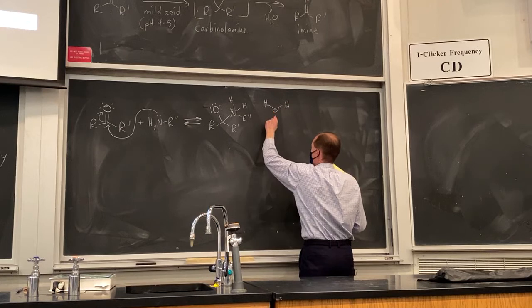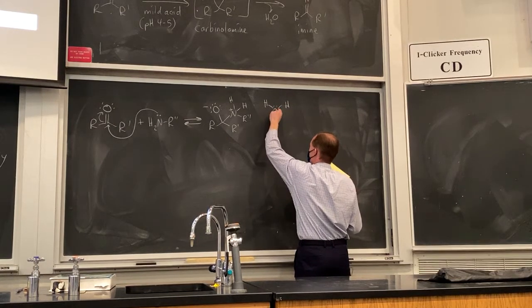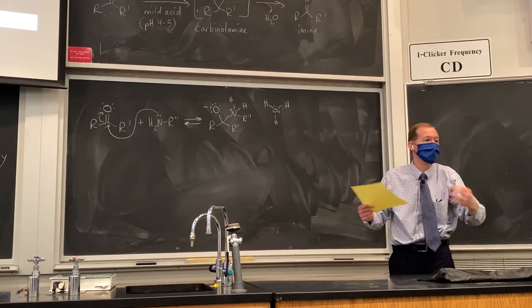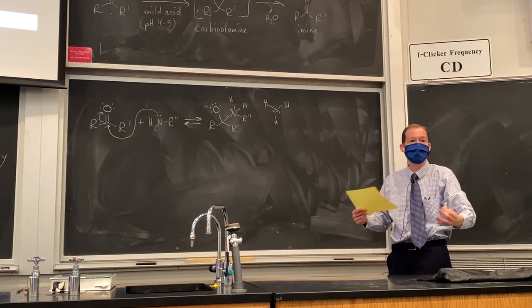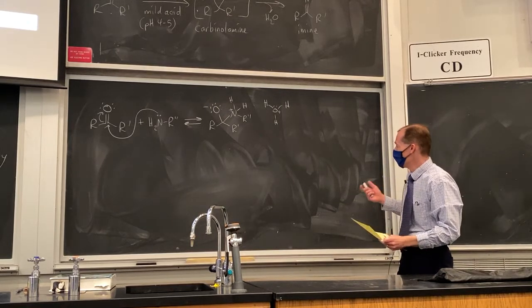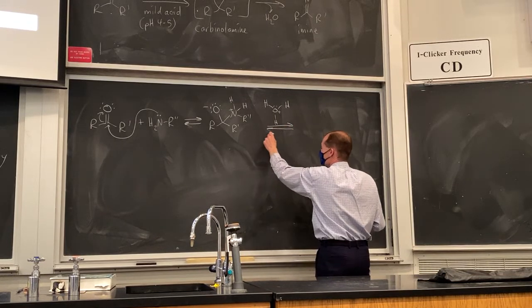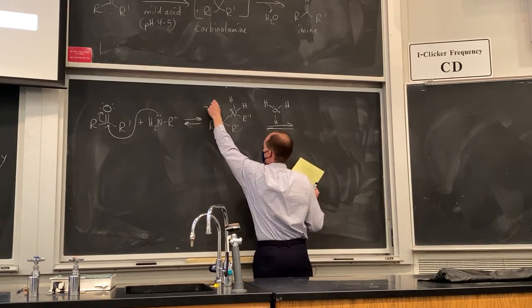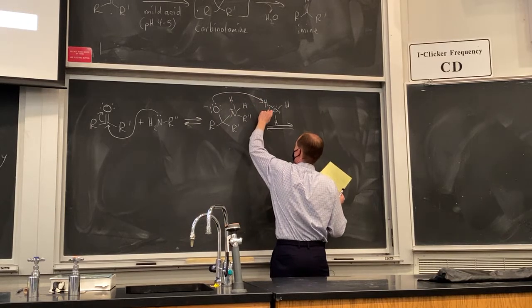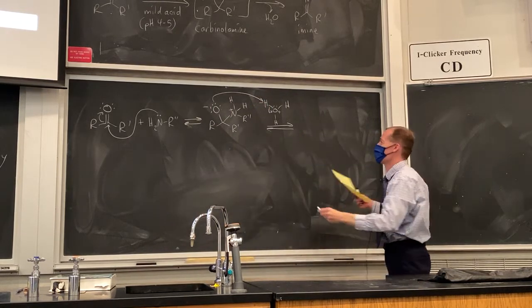So we have a certain concentration of acid present because we're using mild acid. We have that pH 4 to 5 range. So we have some H3O+ present in the reaction mixture. And we can protonate our negatively charged oxygen with our H3O+.